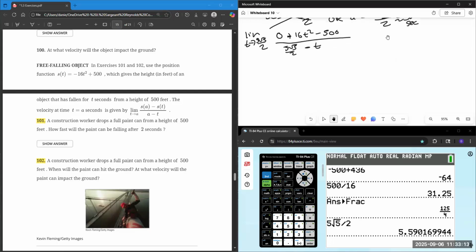It's going to be a little messy, like we said before, but the top is going to factor here: 16 times (t squared minus 125 over 4) over negative (t minus 5 root 5 over 2).